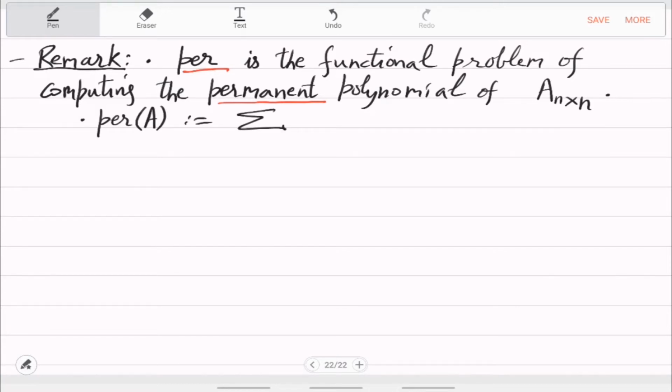The sum is over sigma, a permutation on n.